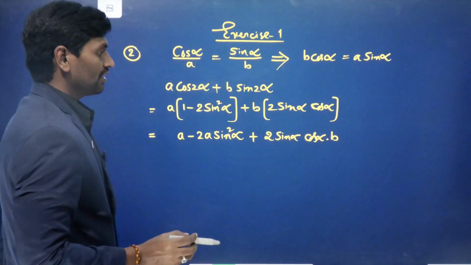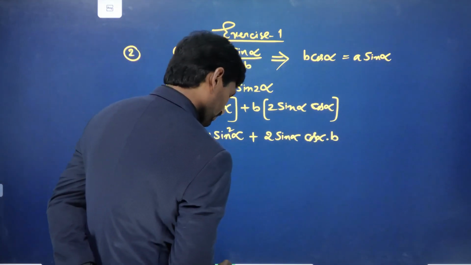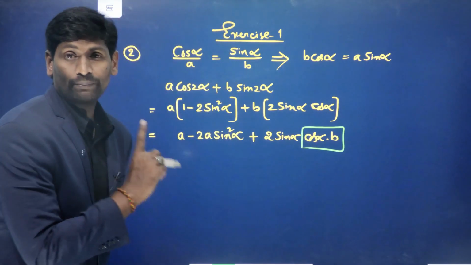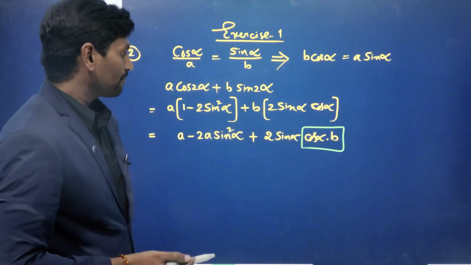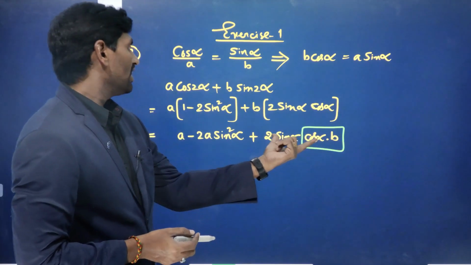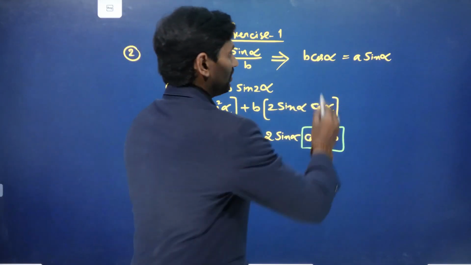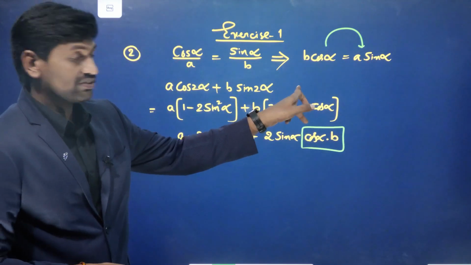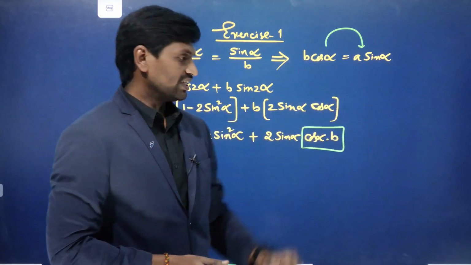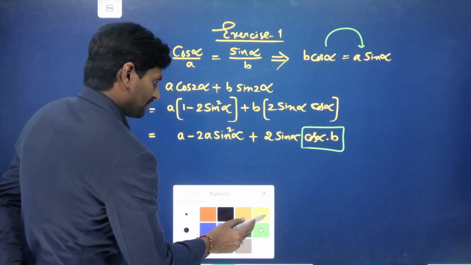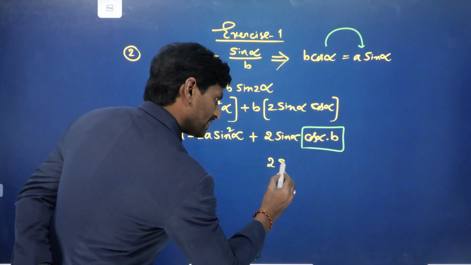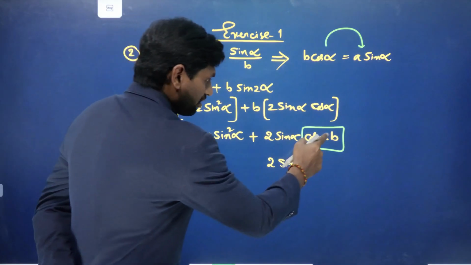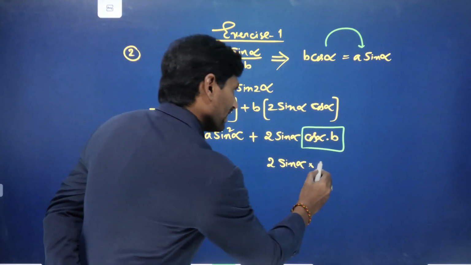But cos alpha into b or b cos alpha, both are the same, right? In the place of b cos alpha, I can write a sin alpha according to the given condition, since b cos alpha equals a sin alpha. So I am replacing here: 2 sin alpha into a sin alpha.